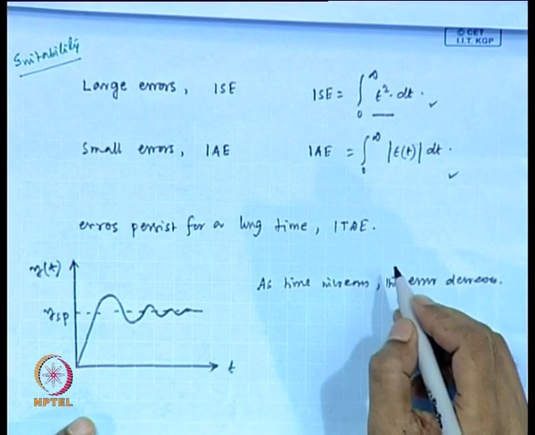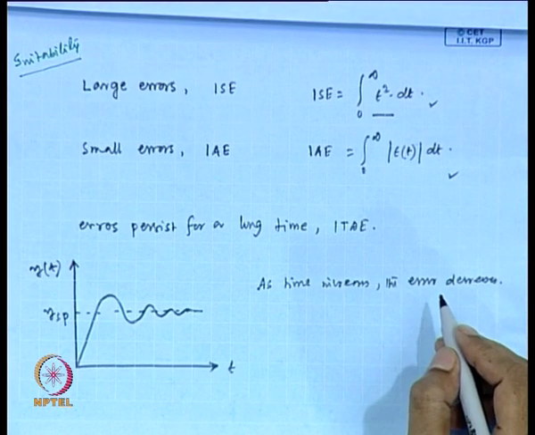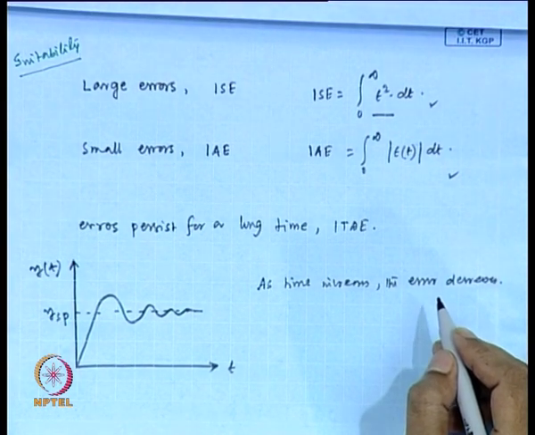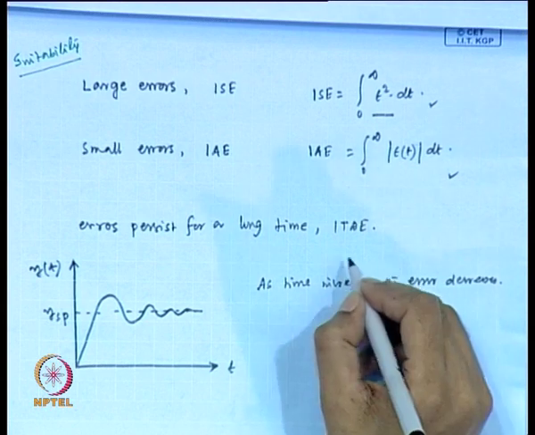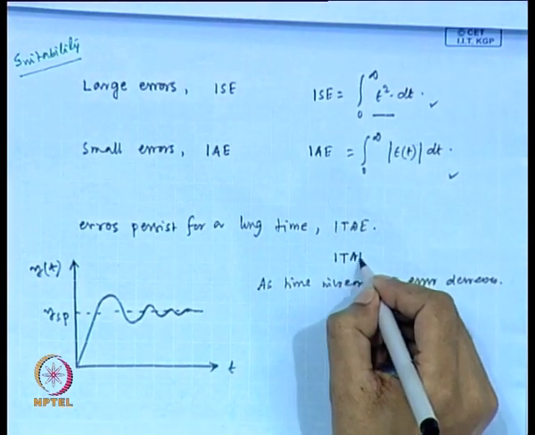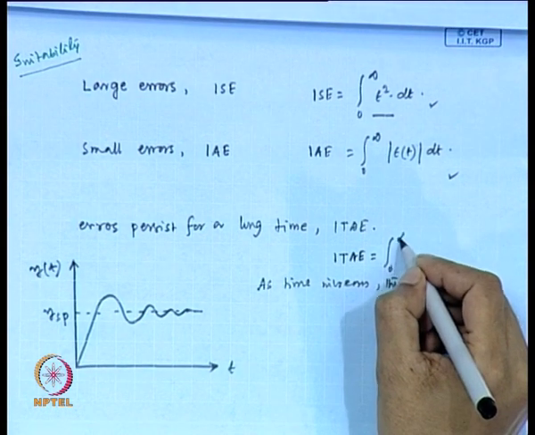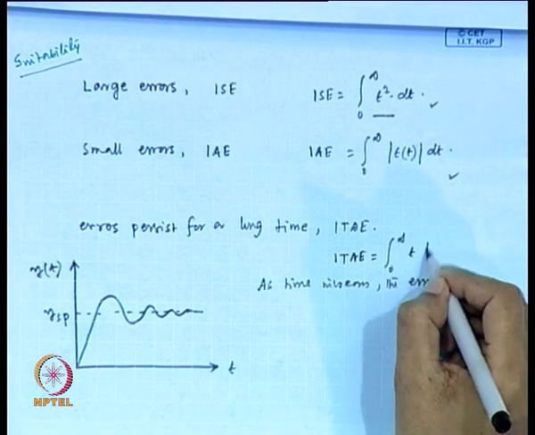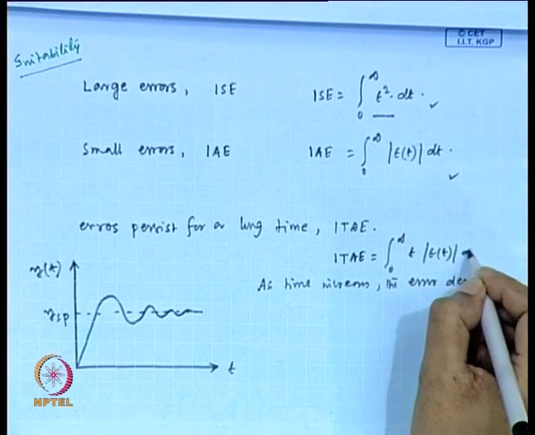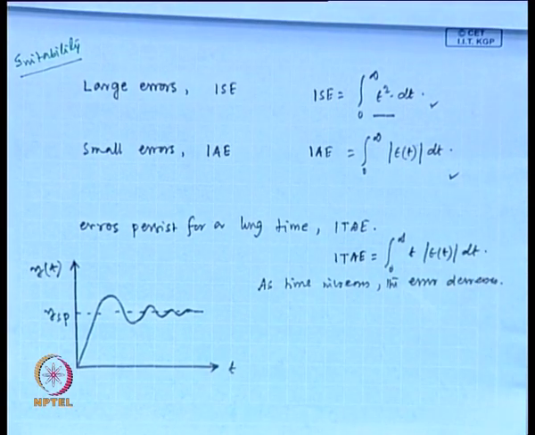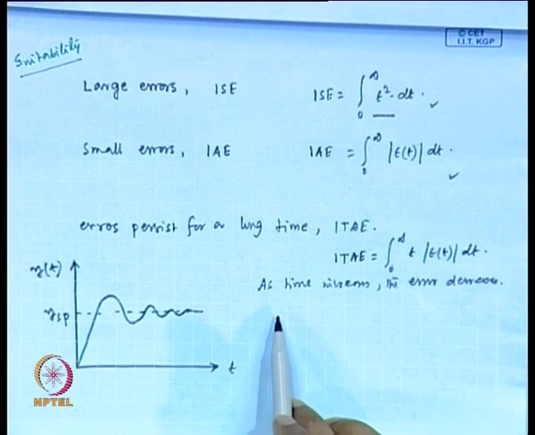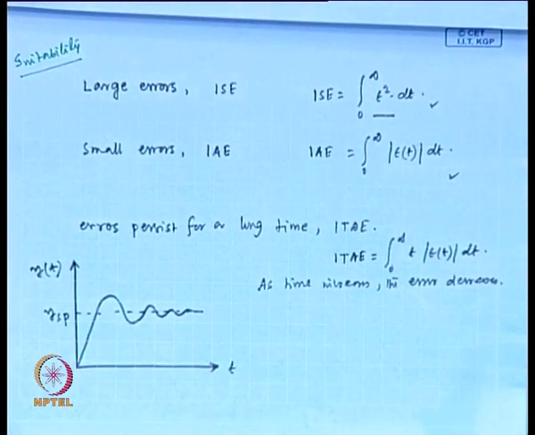Now, in the ITAE performance criterion, the time is multiplied with the error. It is written in this form, t multiplied by e(t). Fine. Now, in this figure it is clear that as time increases, the error decreases.